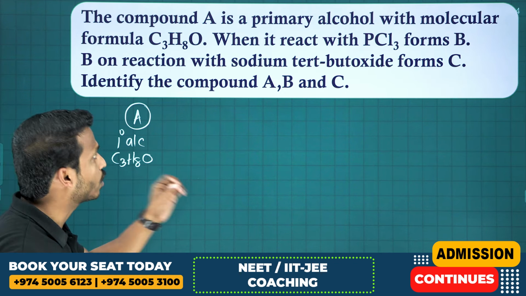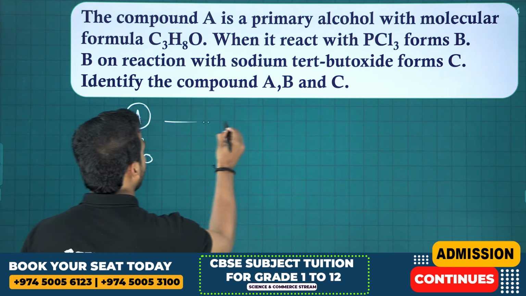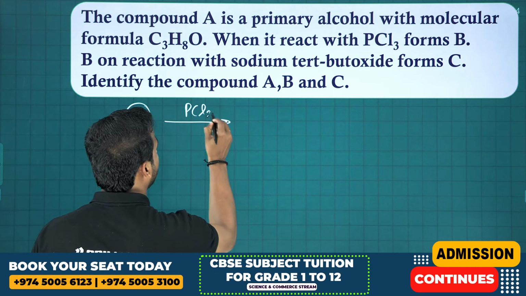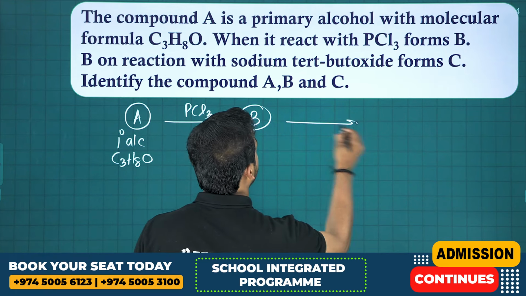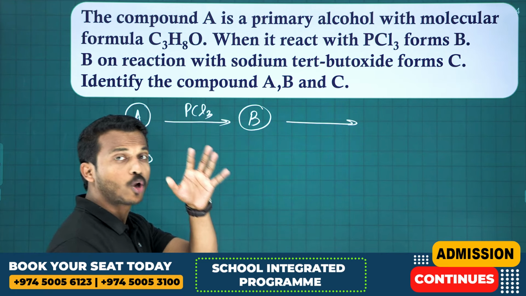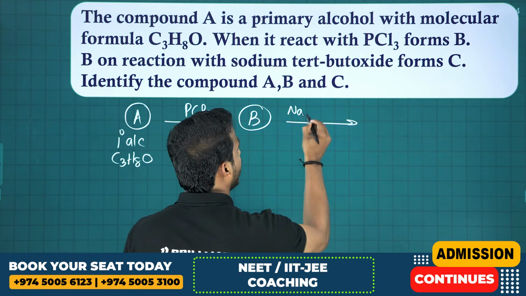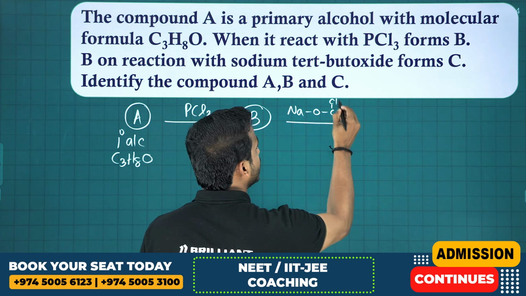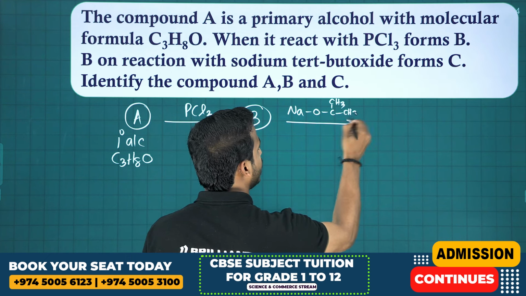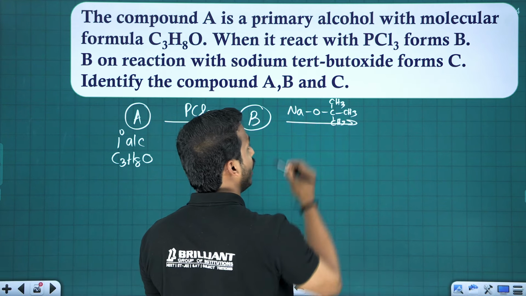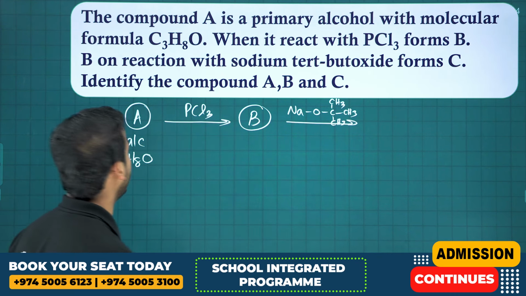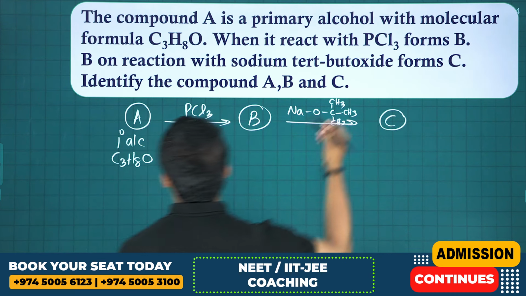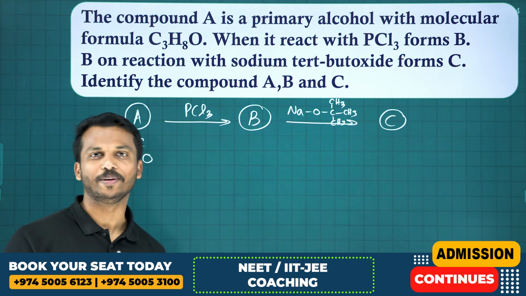When it reacts with PCl3, it forms compound B, and B on reaction with sodium tert butoxide, NaOC(CH3)3, forms compound C. Identify the compounds A, B and C.